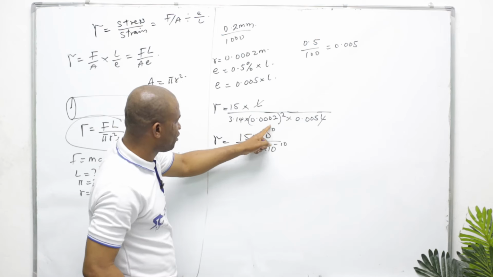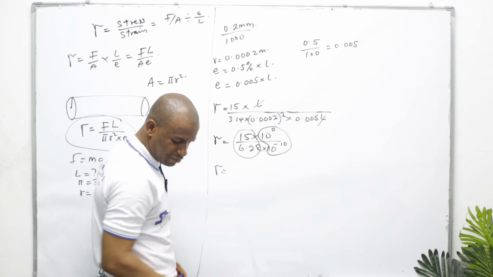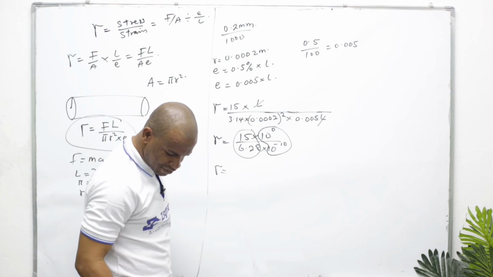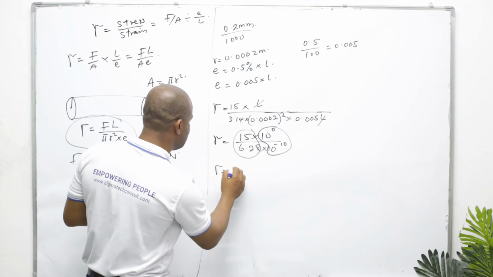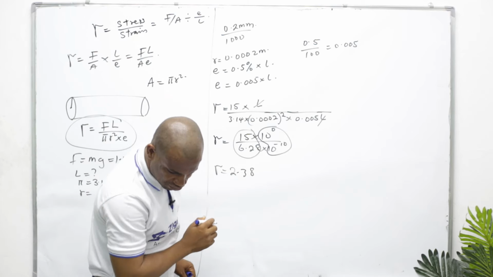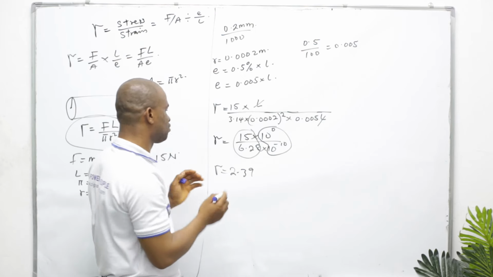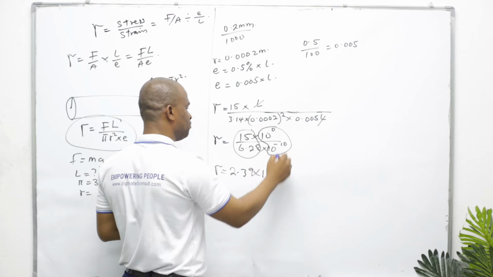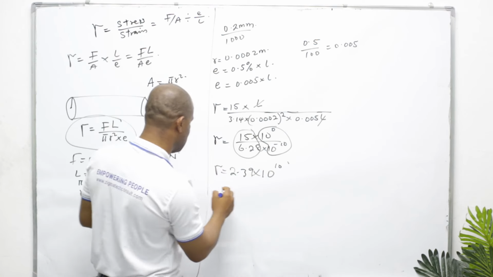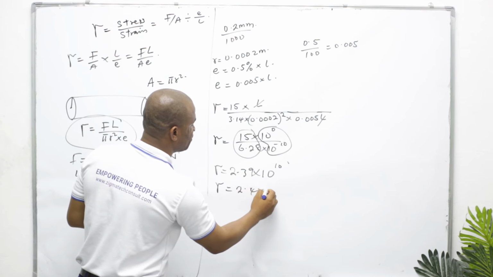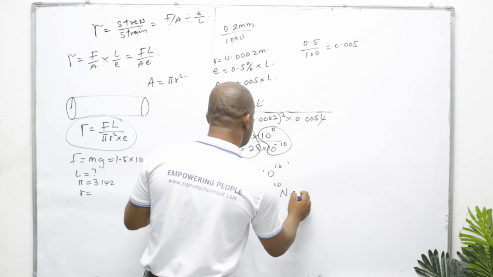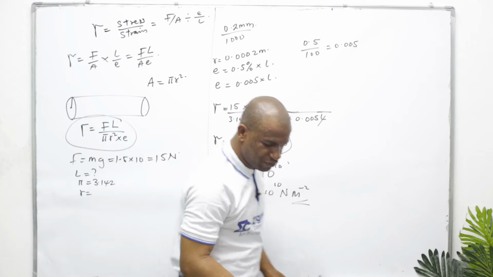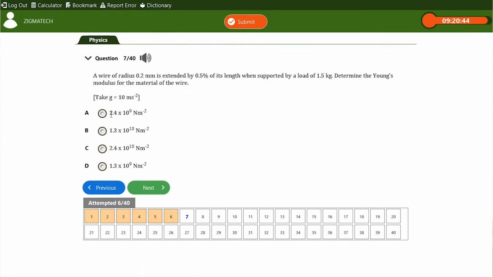I just want to express these two in standard form. Let me express this one as an ordinary number. So dividing 15 by 6.28 is 2.38 or 2.39. Then times 10 raised to the power 10. Alright, Young modulus is given as 2.4 times 10 raised to the power 10. The unit is Newton per meter square, 2.4 times 10 to the power 10.